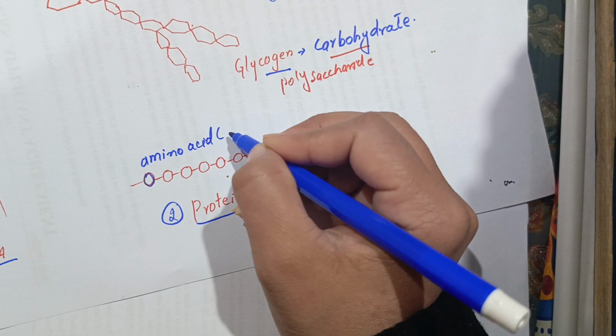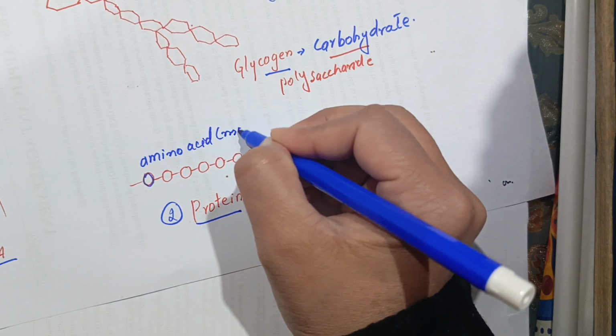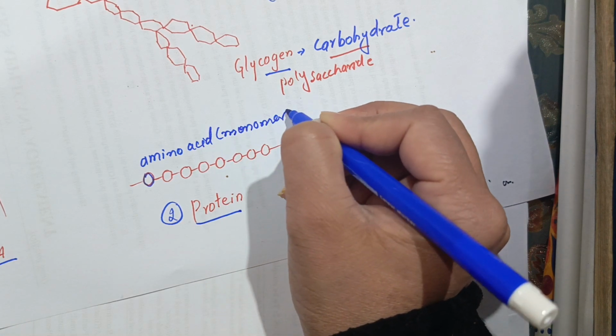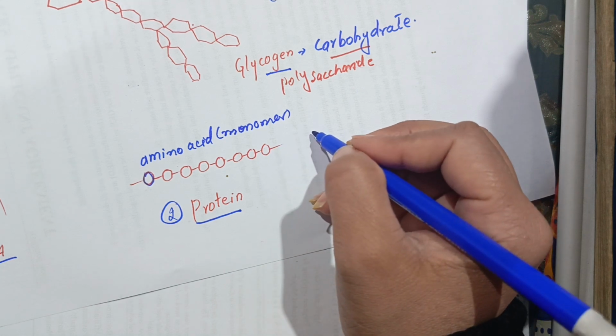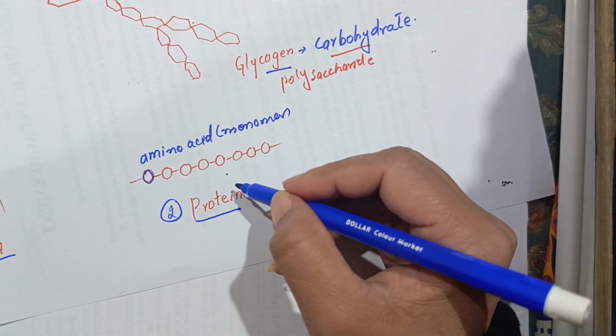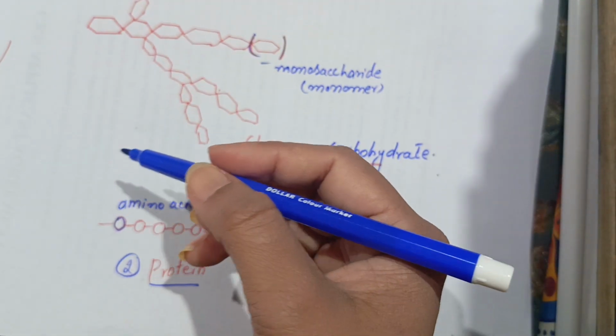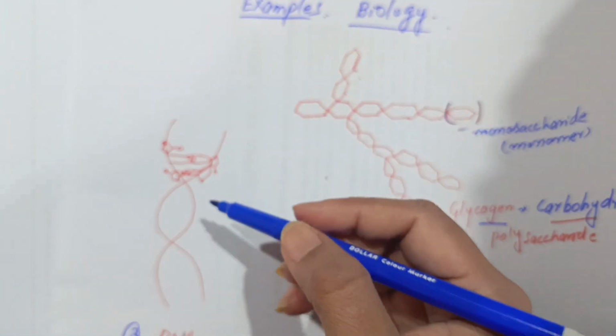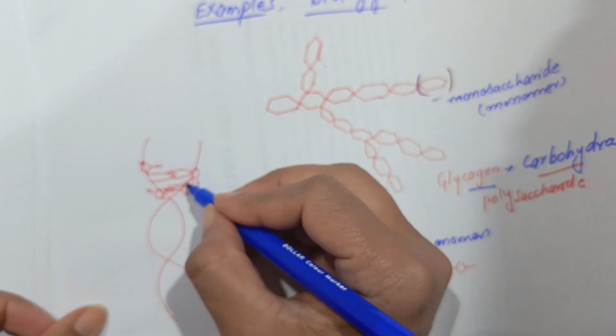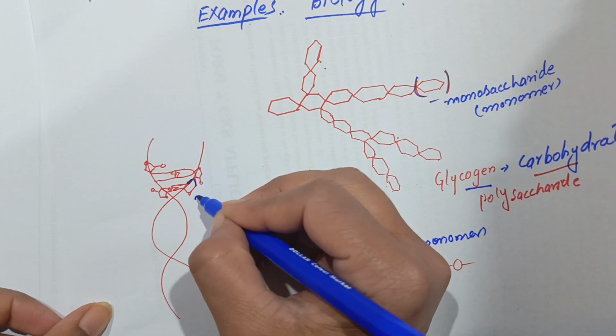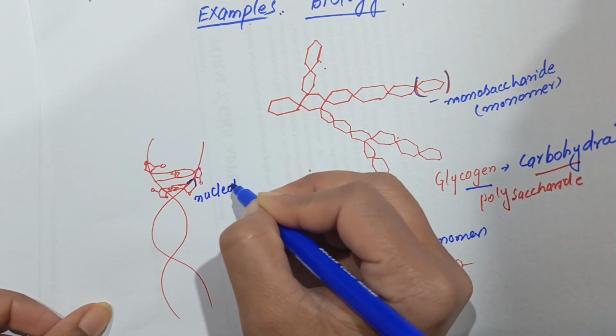When these monomers combine together, they form larger and larger molecules and form the polymers. Next, take the example of the DNA molecule, in which the single unit or monomer is the nucleotide.